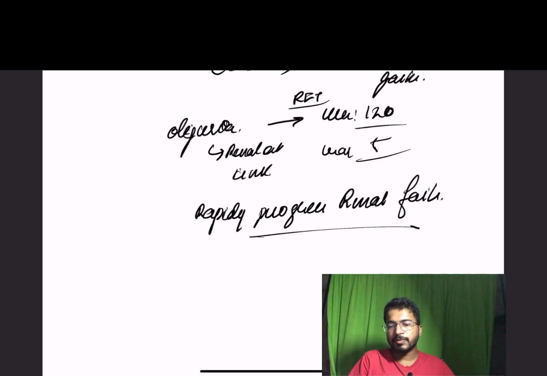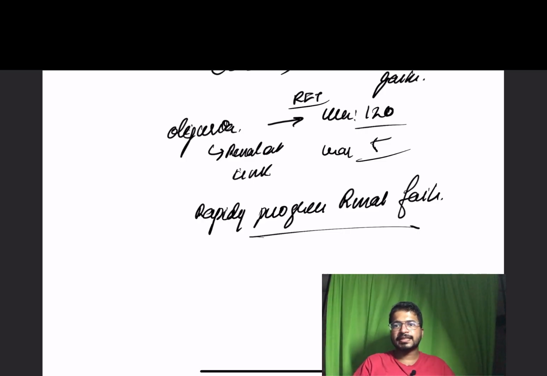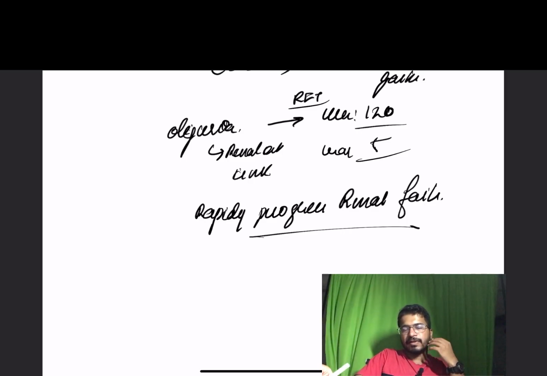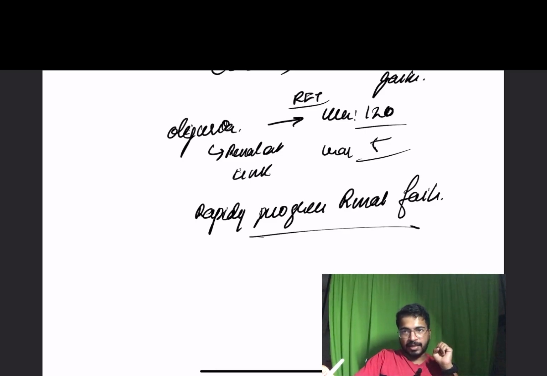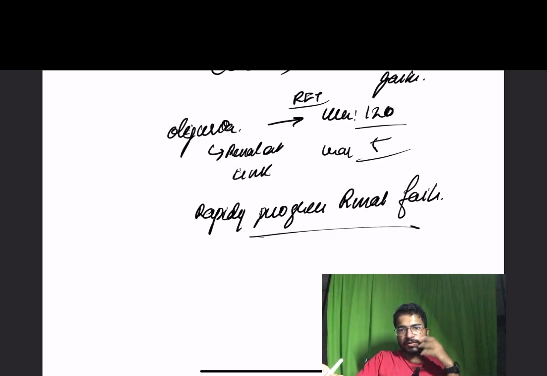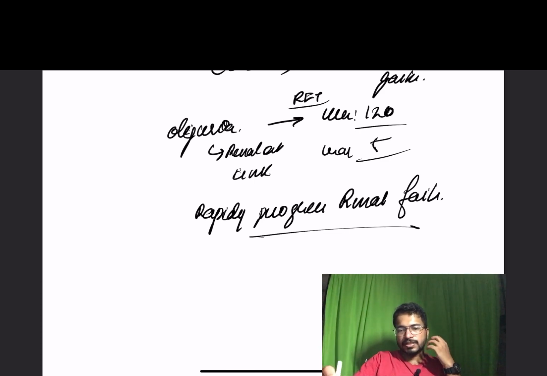This is rapidly progressive renal failure, where time is gold, platinum and everything. If you are not acting on time, the patient can very well progress to CKD, and once it progresses to CKD, again there is not much we can do. So finding it in the early stages can save the patient's kidneys.